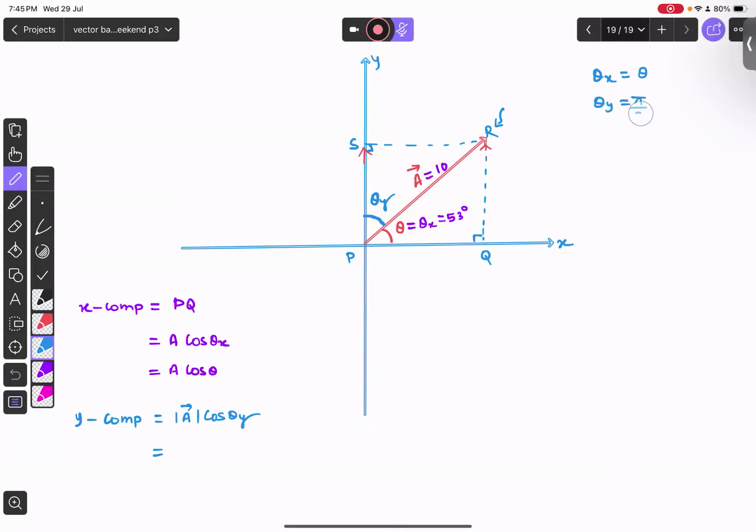Pi by 2 minus theta, no? Because you can totally see this angle theta x and this angle theta y add up to 90. So whichever way you find it, that will be A cos of pi by 2 minus theta.